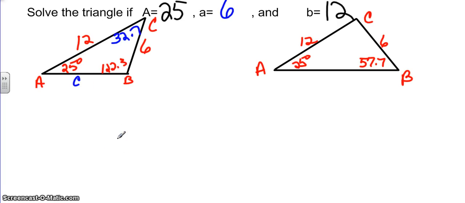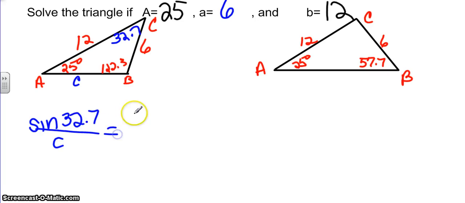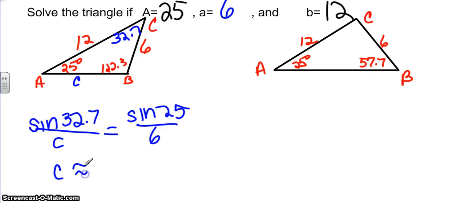So I can use the law of sines to do this. Sine 32.7 over C is equal to sine 25 over 6, and I solve for C. And C is approximately 7.7. Over here on this acute triangle, if I take 180 minus 25 minus 57.7, I get 97.3.